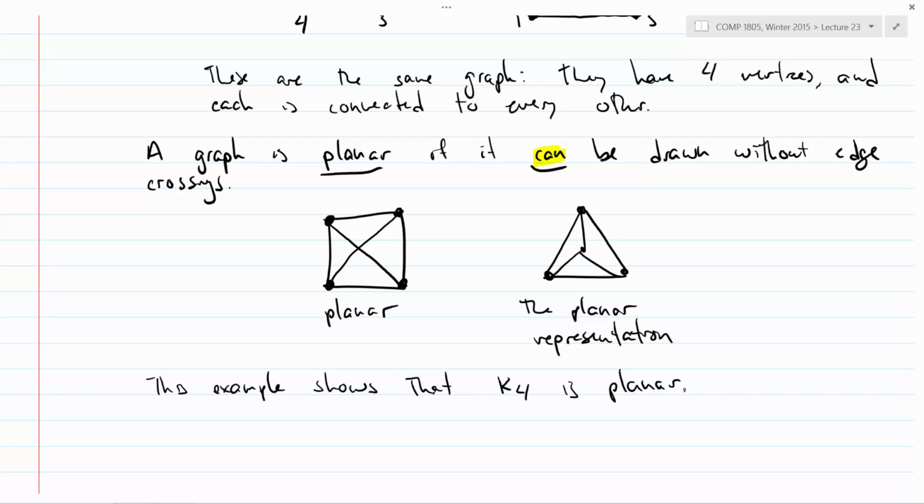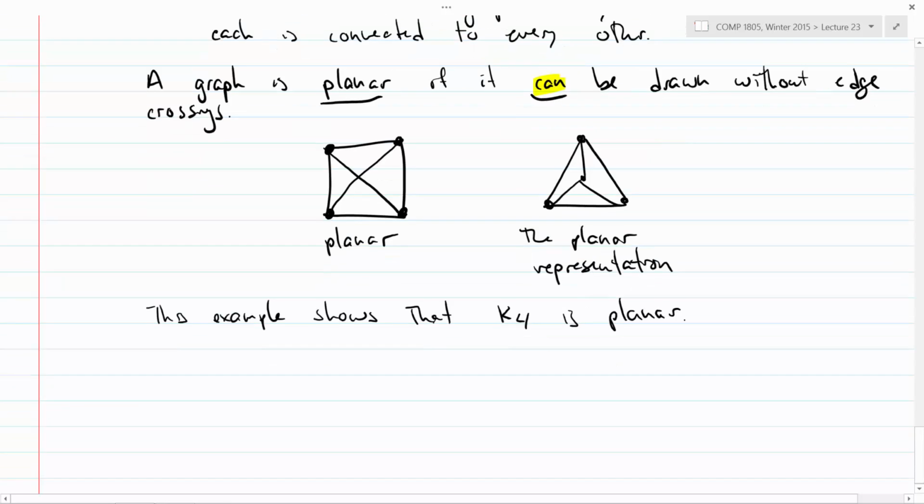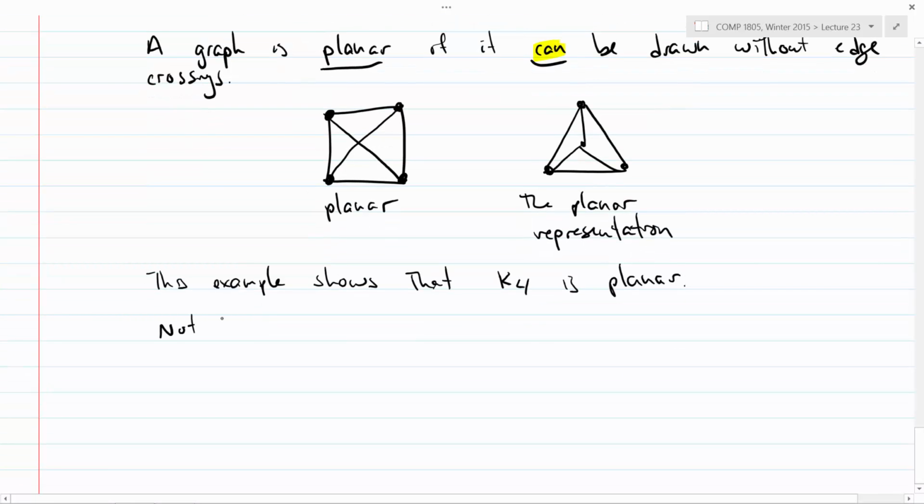So it seems like things are good, and maybe lots of things, or maybe even everything is planar. But in fact, not all graphs are planar. And my challenge for you is this thing here is K3,3.